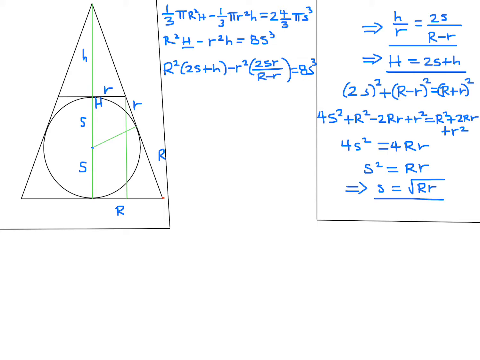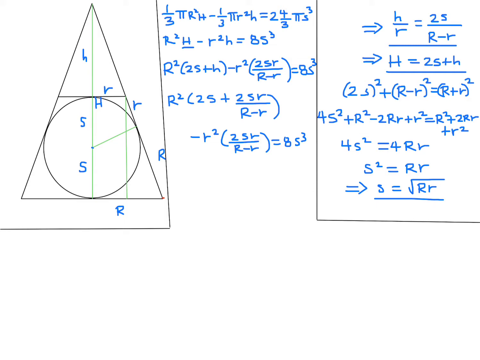Now we've got to simplify this, meaning we have to once again put in this value for h. So that becomes R squared times 2s plus h, which is 2s times r over R minus r, like that. And we have minus r squared, all of that.